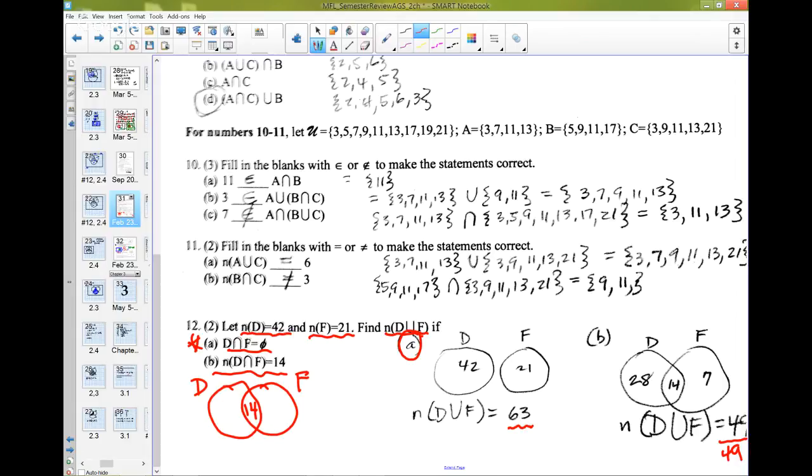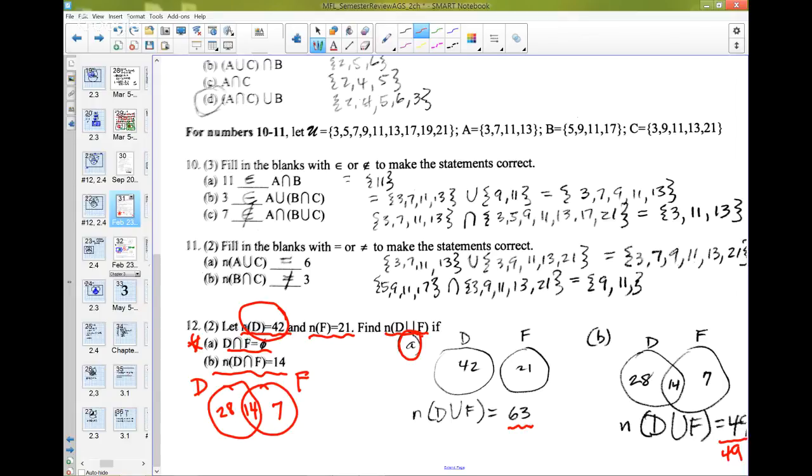Now you have to go back and say, wait, if there's 14 in there and D has 42, then what's the rest of D? 28, because those two have to add up to 42. See how we had to figure out the 28? And then it says F has 21. Well, there's already 14, so do you see where I get the rest?